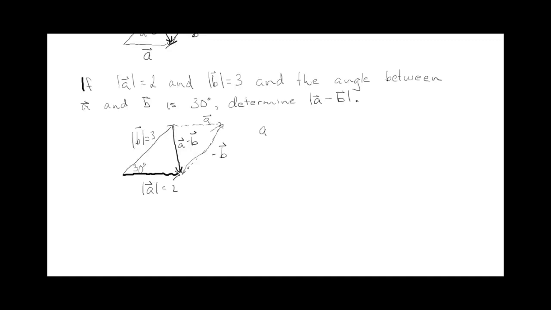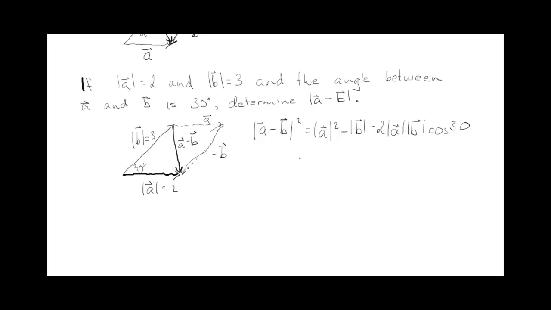So the magnitude of a minus b squared will be equal to the magnitude of a squared plus the magnitude of b squared minus 2 times the magnitude of a, magnitude of b, cosine of the angle, which in this case would be 30 degrees.